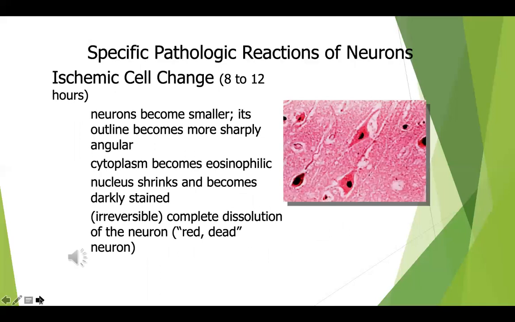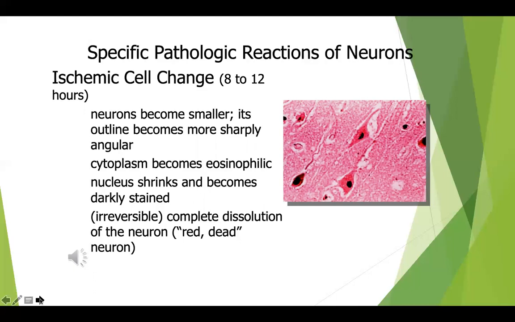8 to 12 hours after the injury, the neurons become smaller and angulated. Look at this picture on the right side. So instead of that stellate-shaped neuron I previously showed you, the neurons shrink and become sharply angular.